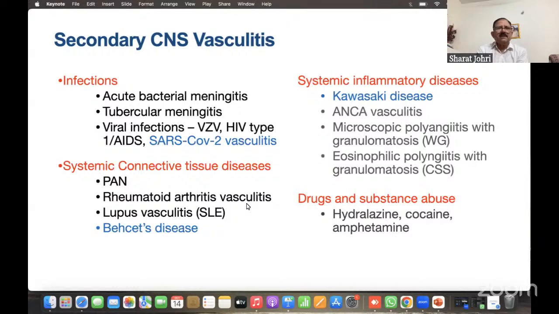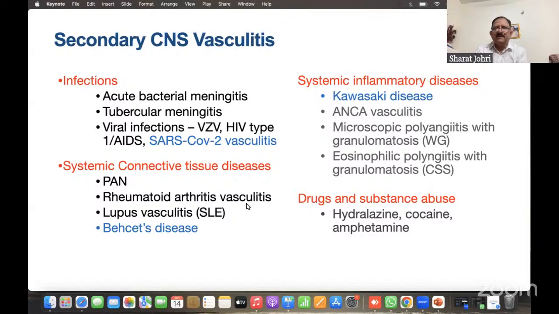Secondary affection of the CNS can occur in some infections like bacterial meningitis, tubercular meningitis, and viral infections like varicella zoster, HIV, and SARS-CoV-2. Systemic connective tissue diseases like polyarteritis nodosa, rheumatoid arthritis, lupus, Behçet's can cause secondary vasculitis also.